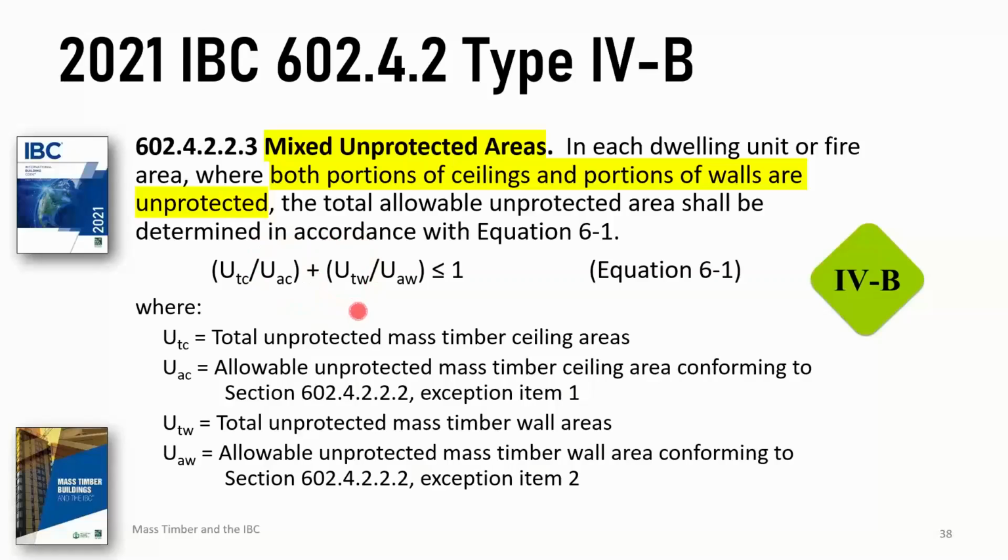The actual unprotected area on the wall over the allowable unprotected area of the wall. And then you add those ratios, it has to equal 1 or be less than 1. And if this seems familiar to you, it's the same principle used for calculating allowable areas for mixed use occupancy buildings. So you have seen this kind of equation before.